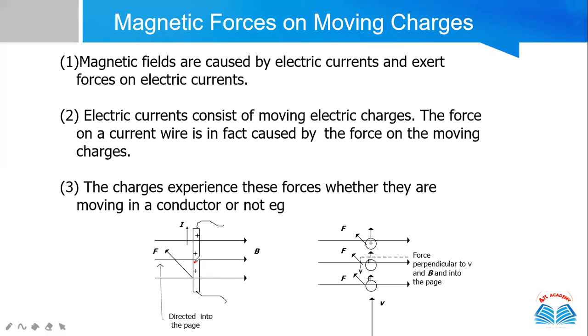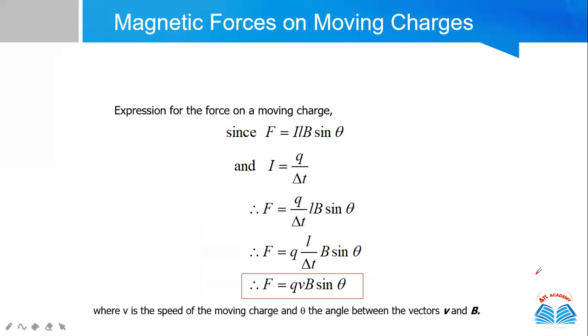That means there is some angle between this and this, let's say this angle is theta. Now, if it is not a conductor, some random material, then at different charges there will be force, and that force will always be perpendicular to the magnetic field. This is your magnetic field, and the force is perpendicular, meaning into the plane or out of the plane. So by some formula you can get it.